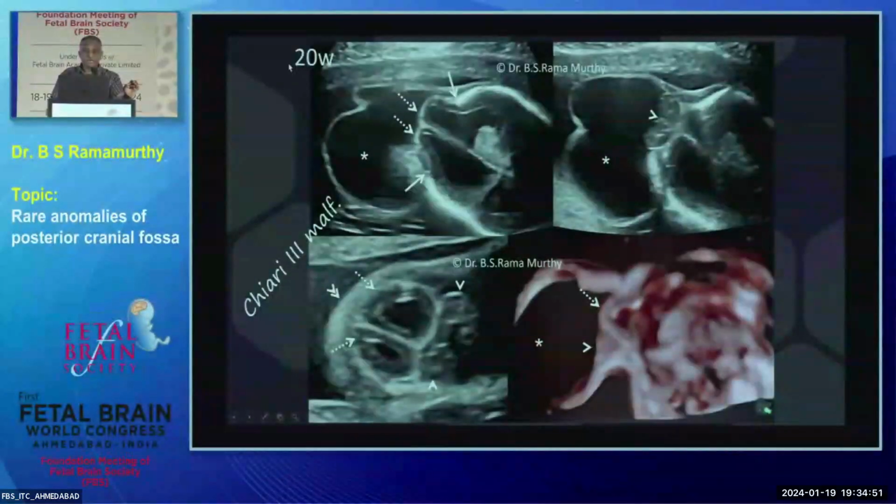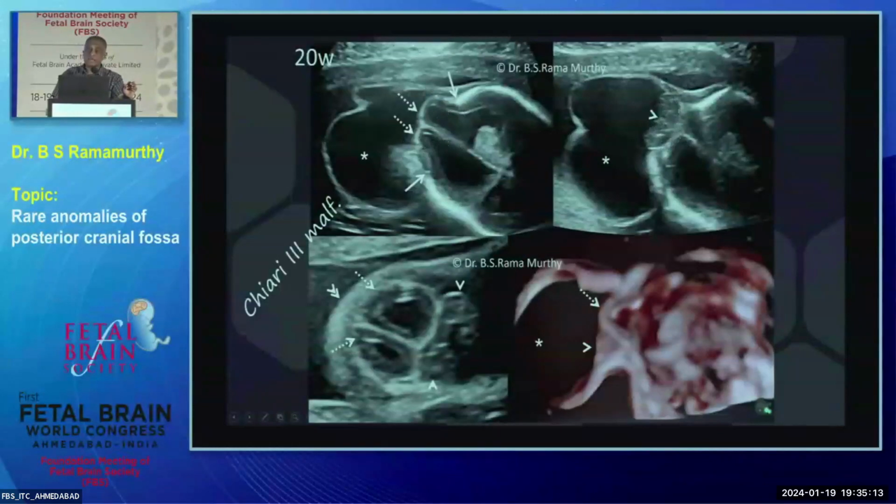A 20-week case, you can see that there is an occipital encephalocele, and it's not only the occipital lobes, but the ventricles also have herniated, both of them. That is the sac wall. But when I come inferior, I lose the occipital horns, but what am I demonstrating below the occipital horns?